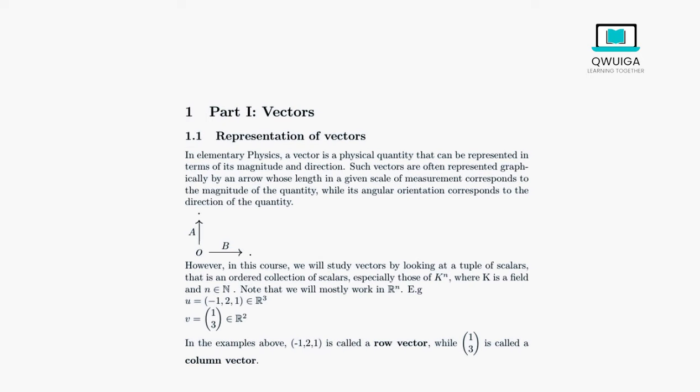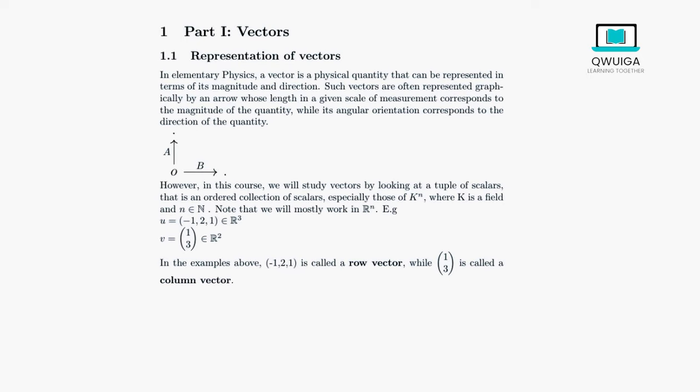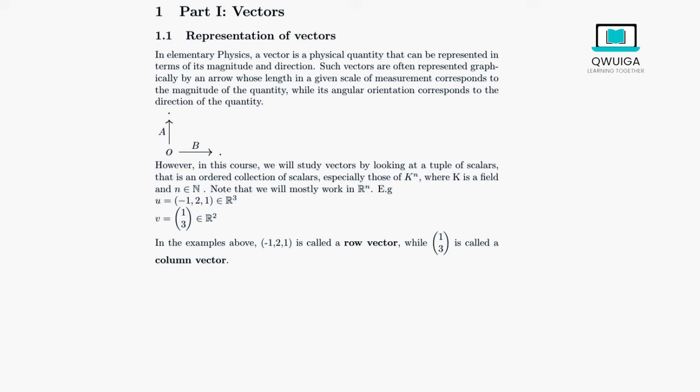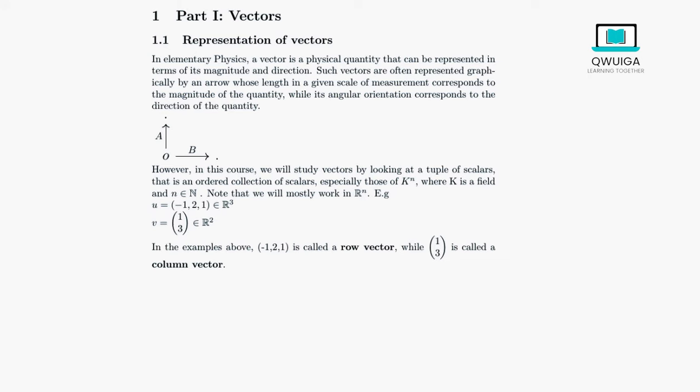Vectors and representation of vectors. In elementary physics, a vector is a physical quantity that can be represented in terms of its magnitude and direction, and such vectors are often represented graphically by an arrow whose length in a given scale of measurement corresponds to the magnitude of the quantity, while its angular orientation corresponds to the direction of the quantity.